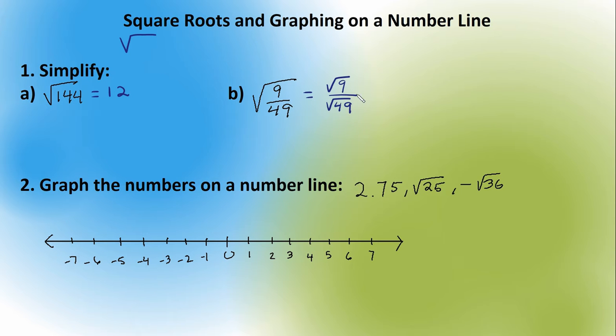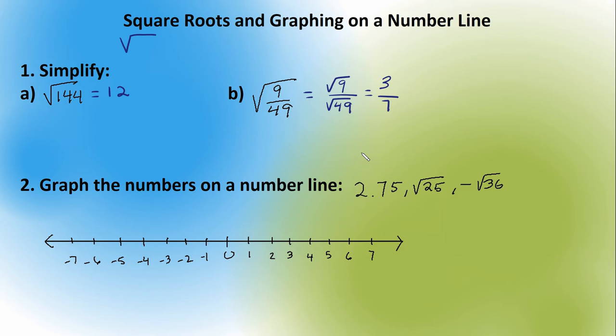So you can work with the square root of 9, with the same concept. 3 times 3 is 9, and so that means that the square root of 9 is going to be 3, and then the square root of 49 you need to work with 7, right? Because 7 times 7 is 49. So this is going to give us 7 right here. So that is how we simplify these radicals.